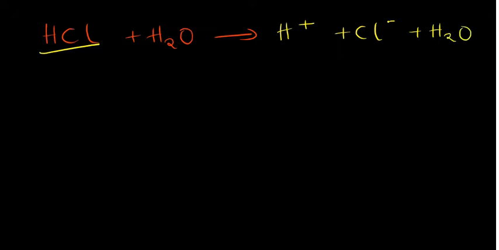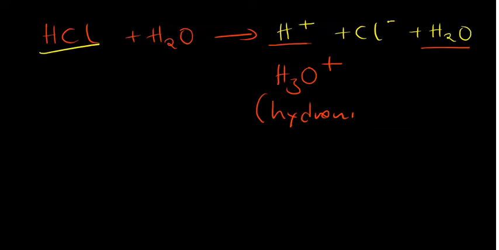So this is the definition of an acid: any substance that increases the hydrogen ion concentration when dissolved in water. In other terms, if you combine the hydrogen ion and the water, you are going to have H3O+. This is what is known as the hydronium ion. So if somebody defines an acid to be anything that increases the hydronium ion concentration or hydrogen ion concentration, they mean one and the same thing.